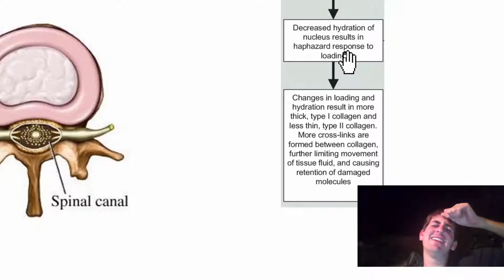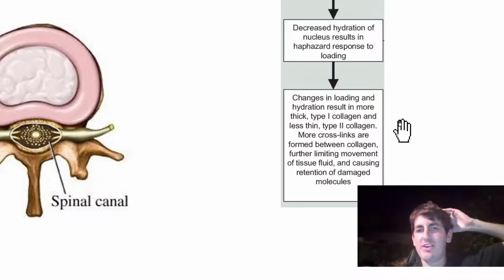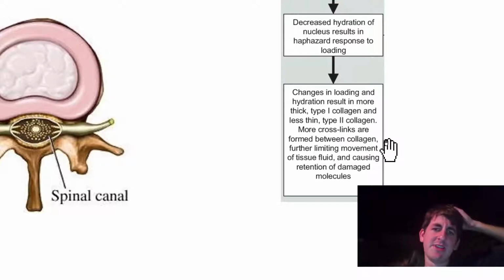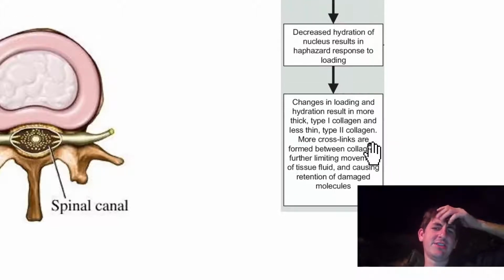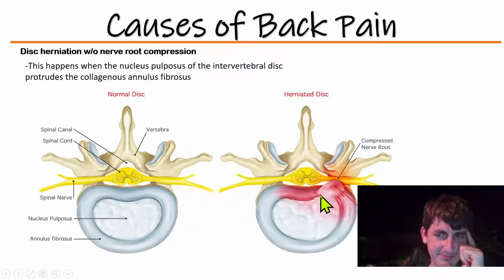Then decreased hydration of the nucleus, resulting in bad responses to loading. Changes in loading and hydration result in more thick type 1 collagen, less thin type 2 collagen. Cross-links form between collagen, further limiting movement of tissue fluid, and this causes retention of damaged molecules, and that can lead to disc herniation.